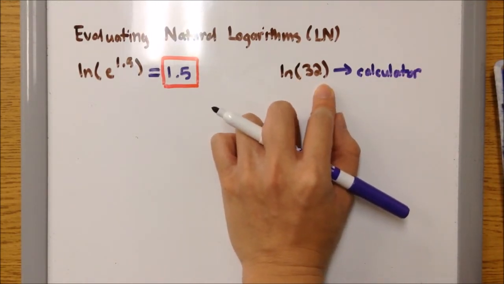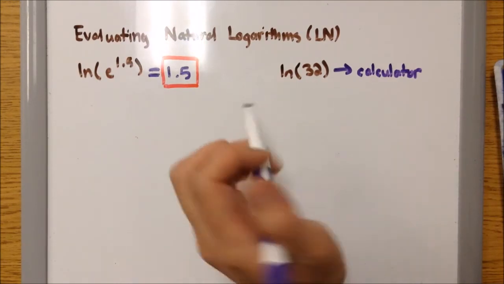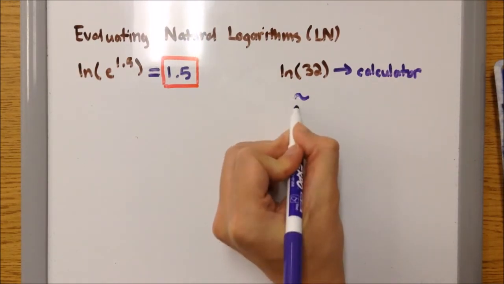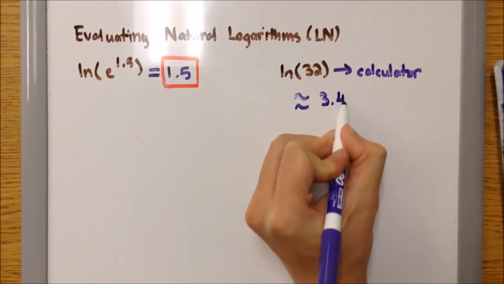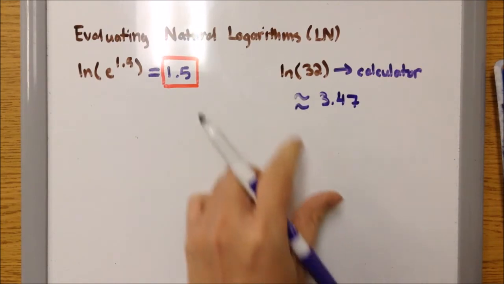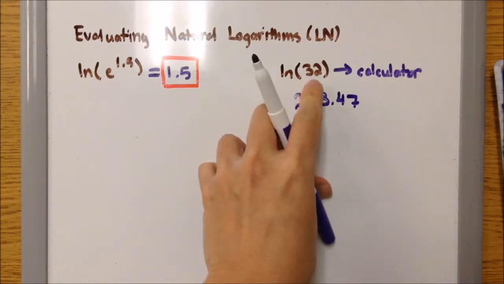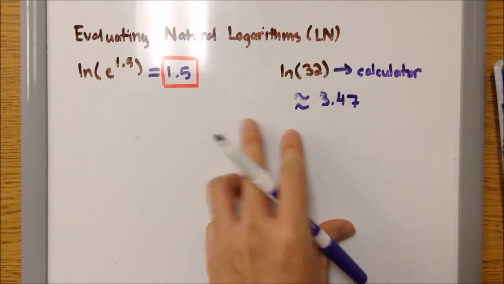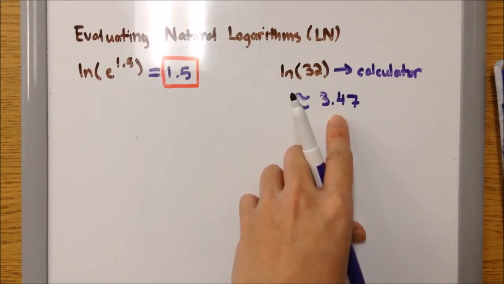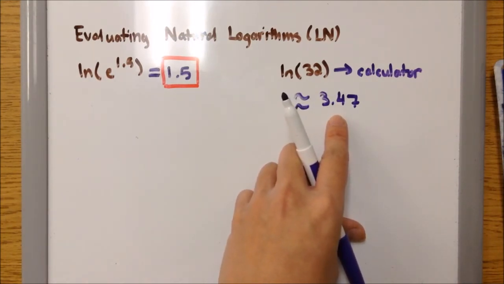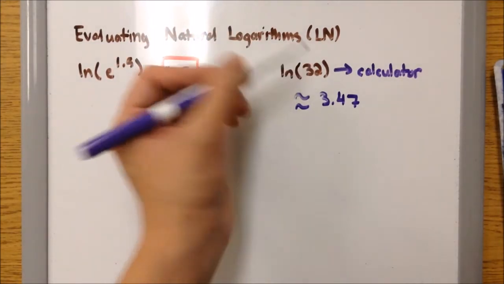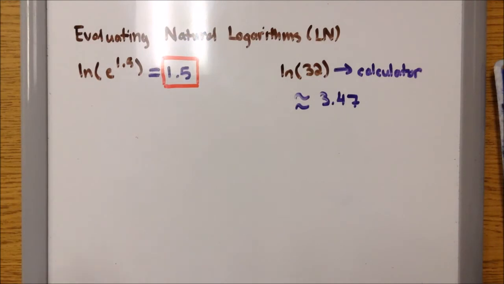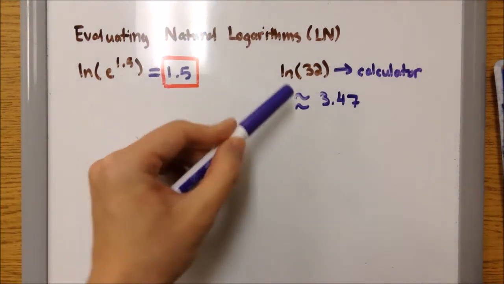When you hit enter, the answer will give you approximately 3.47. So whenever you see something like ln of 32, you would type it into the calculator, and that would be your answer. Or whenever you have a problem and, when you simplify it, you get down to ln of 32, the only thing you could do is plug it into the calculator to get your answer, or if it asks you to simplify, you would stop there.